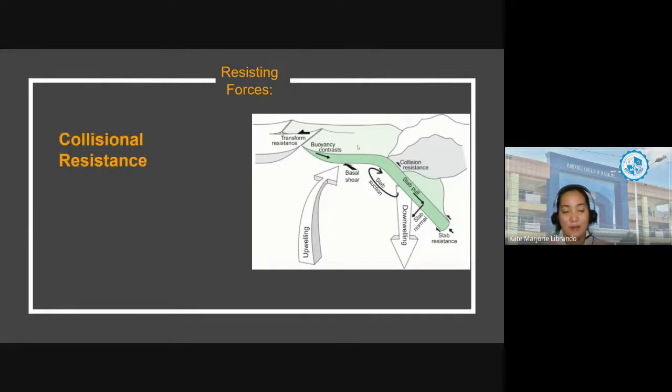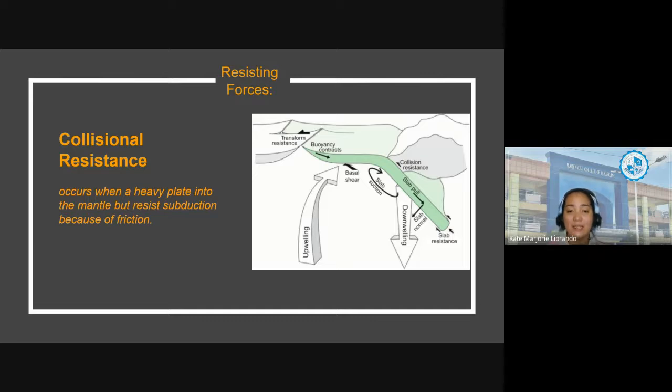Okay, and then we have this collisional resistance, diba, as plates collide, there is a huge possibility that these plates will subduct, right? Like what happened here. As the plates are subducting, there is a collisional resistance.